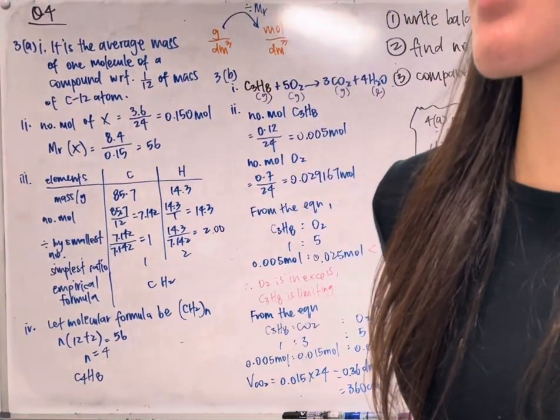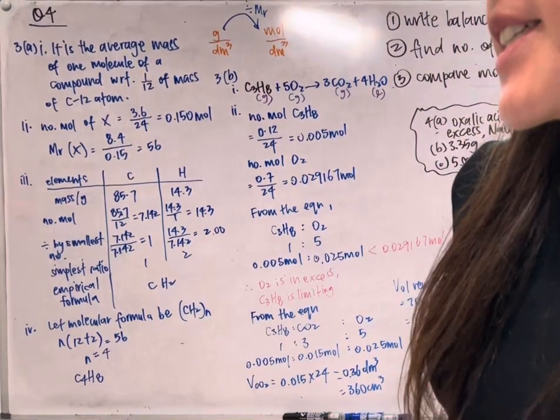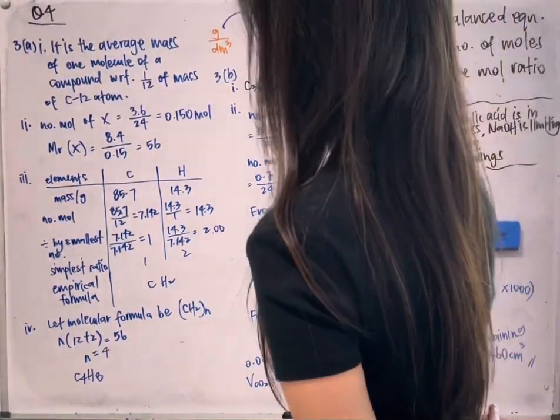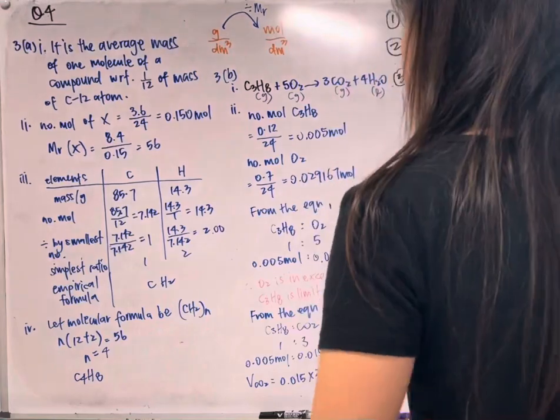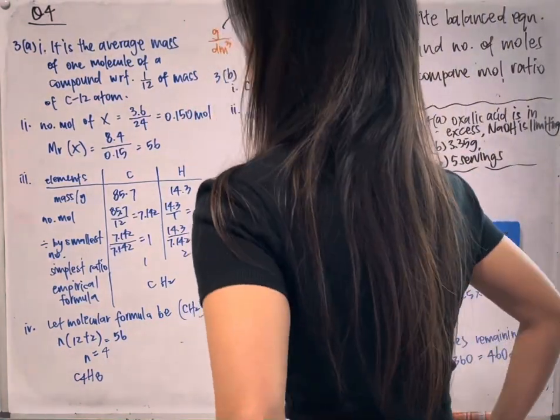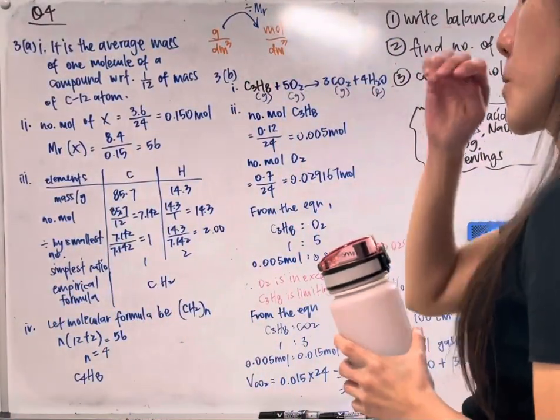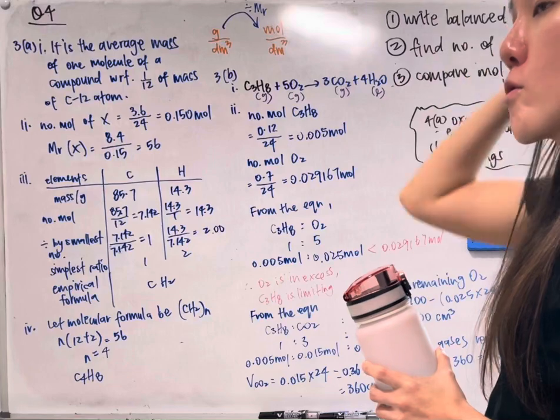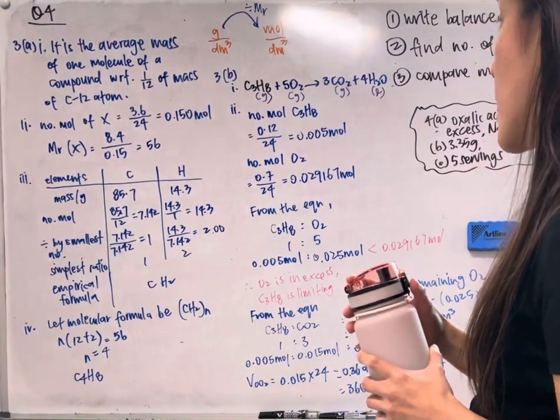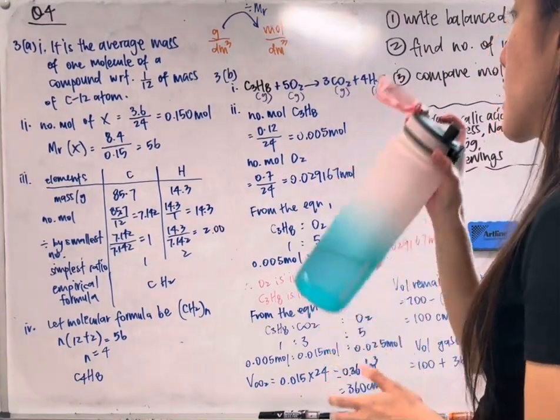Again, excess and limiting. Roseanne, how do I identify? When the question gives you information of the two reactants, and you can use the information to find the moles. Yes, so that's why even if they never ask you whether it's excess or limiting, you must be able to decipher yourself.